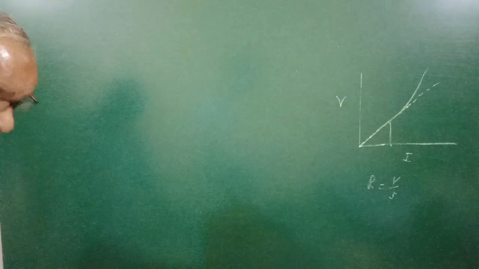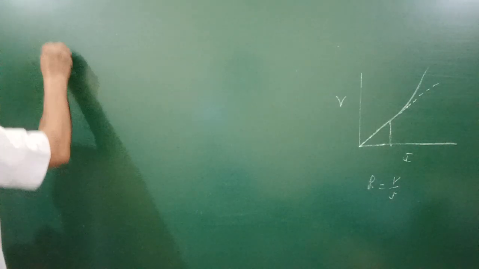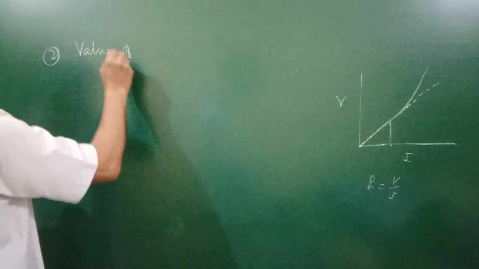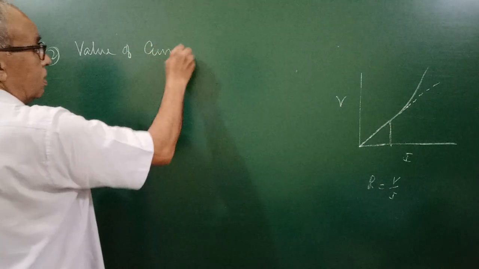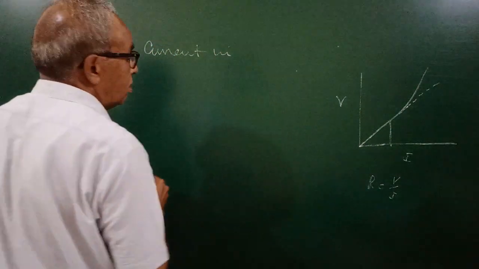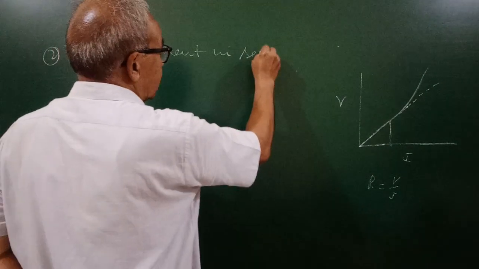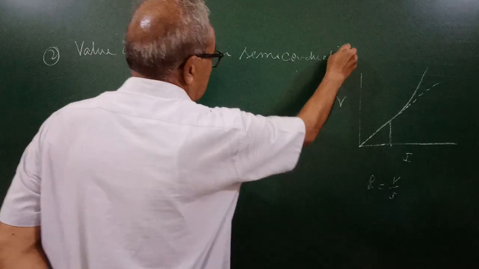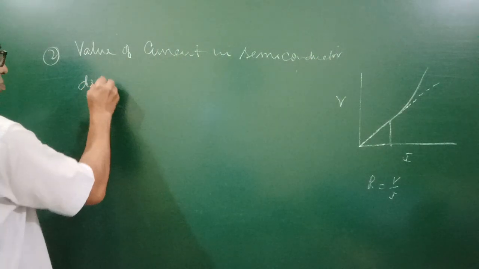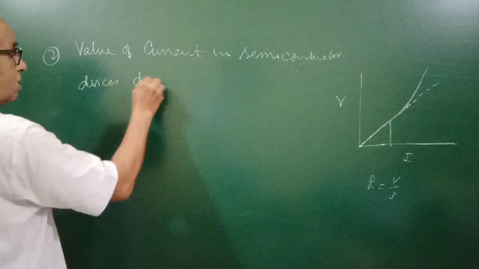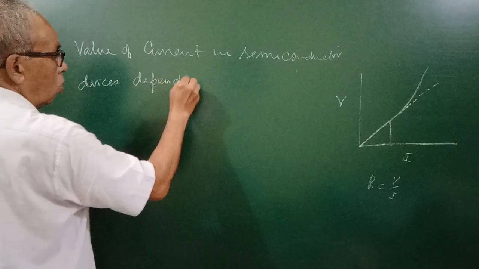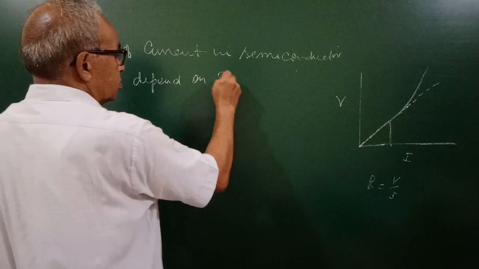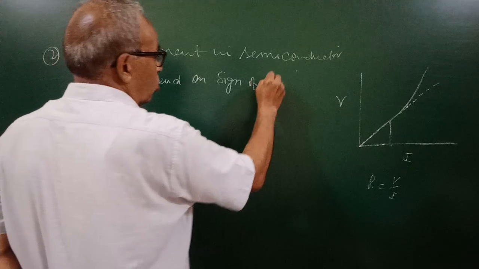Number two is that the value of current in semiconductor devices depends on the sign of potential.